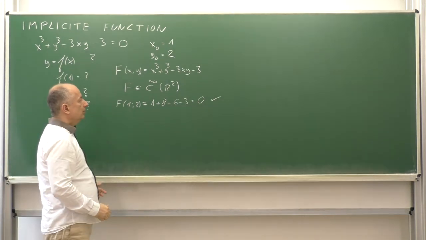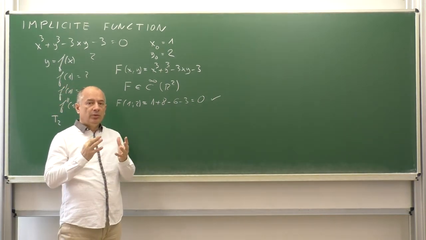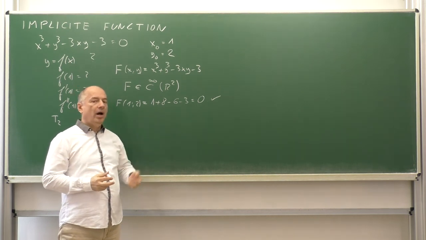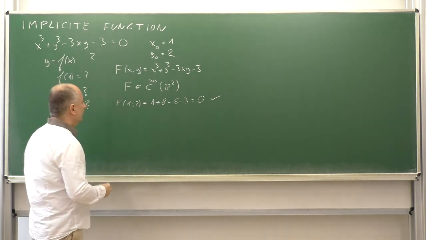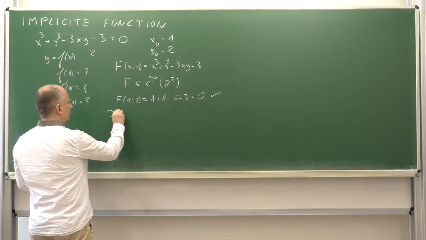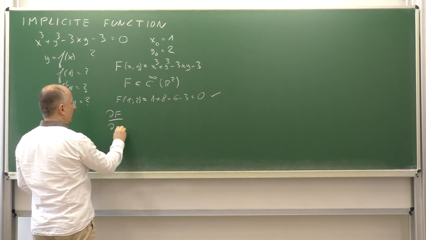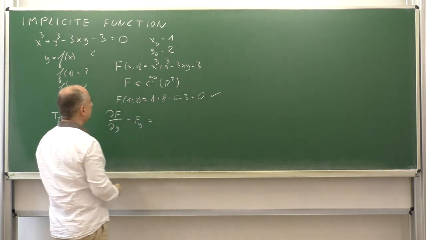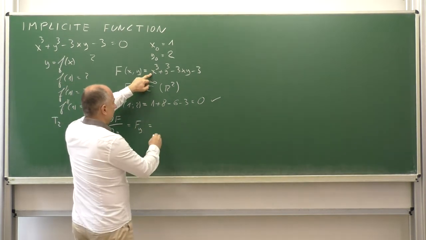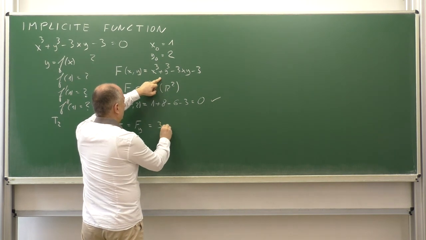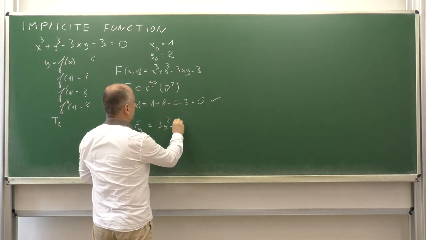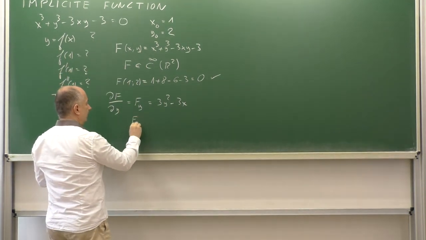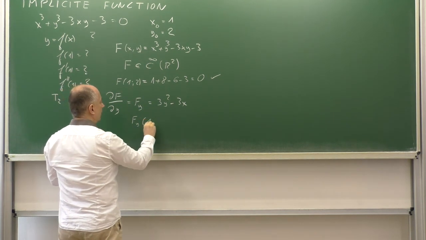And then we want the derivative with respect to the variable that we want to declare dependent, y in this case, to be different from 0. So we compute the partial derivative of capital F with respect to y. I sometimes use also this notation. And this will be 0 plus 3y squared minus 3x. And we evaluate this derivative at the point (1, 2).